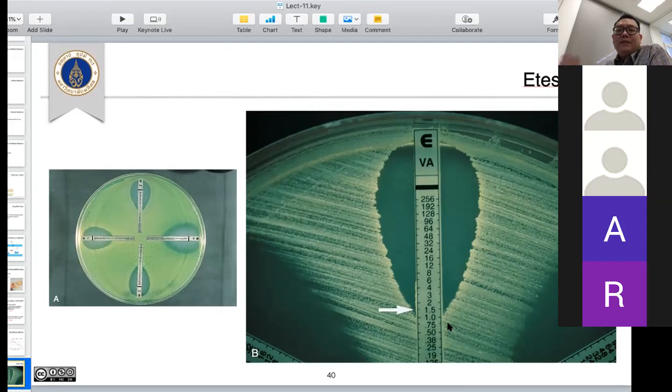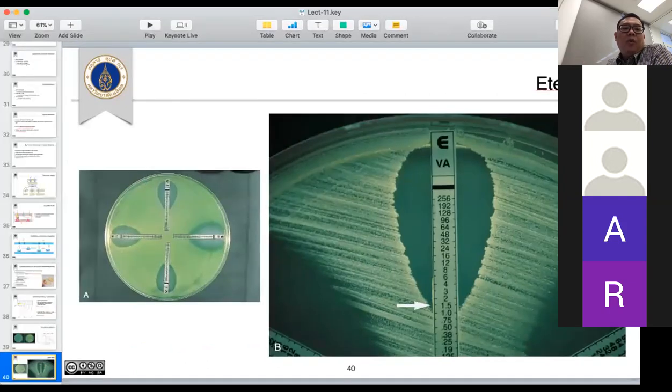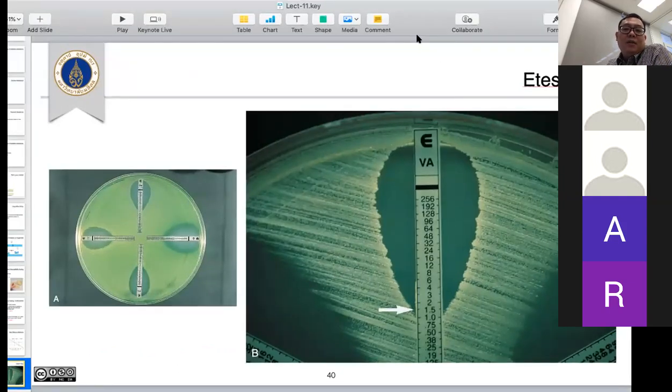So that's the E-test. The good point of the E-test is you can read the MIC quite precisely. But if you use the tube, you don't know actually whether the MIC is 1 or 0.9 or 0.8 until 0.6. Okay, so it's a kind of big jump. The value is not precise. This is the point. Oh, that's all about the antibiotic.